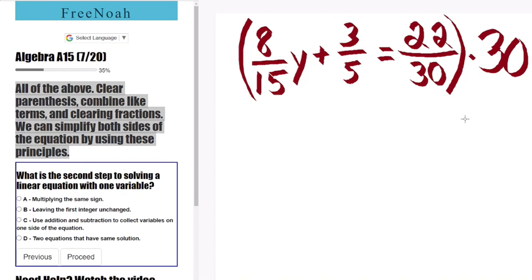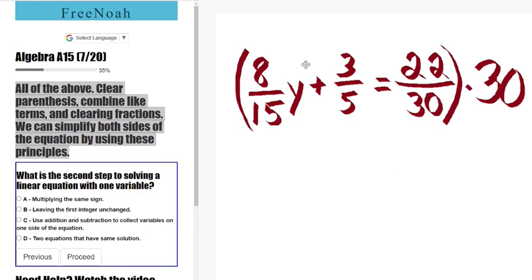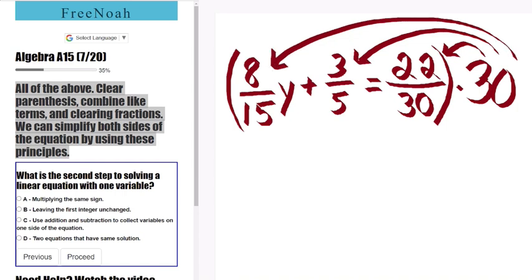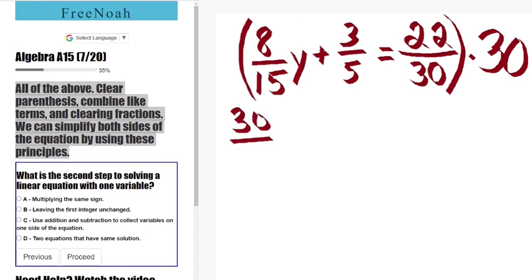So find the LCD, which is 30, and we're going to multiply all the fractions by 30. Let's distribute this 30. Okay, we're going to distribute the 30. For our first distribution, we have 30 over 1 times 8 over 15y.